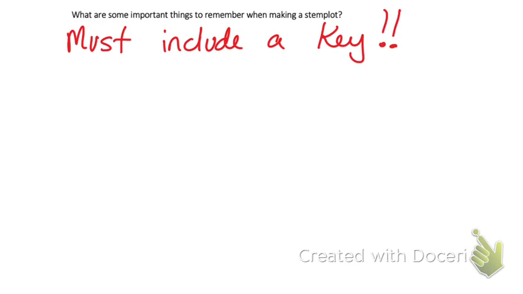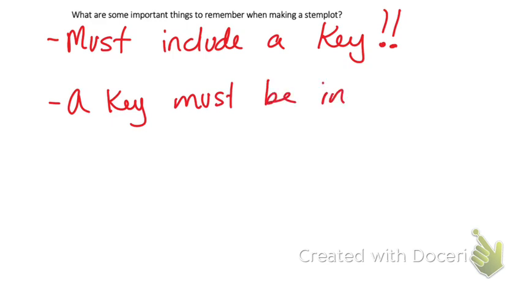All right, so make sure you guys are remembering your key. Another important thing about stem plots is a key must be included. The number one reason that people don't get 100 on the first quiz is because they forget their key on their stem plot.